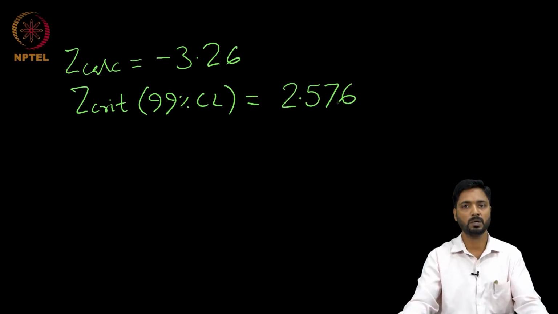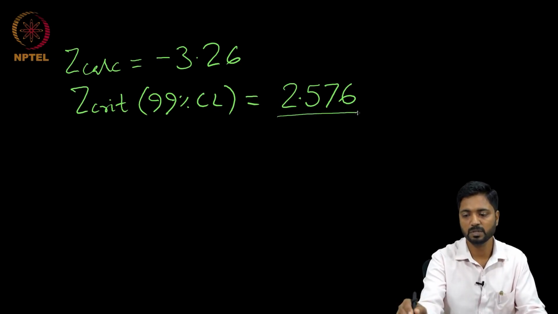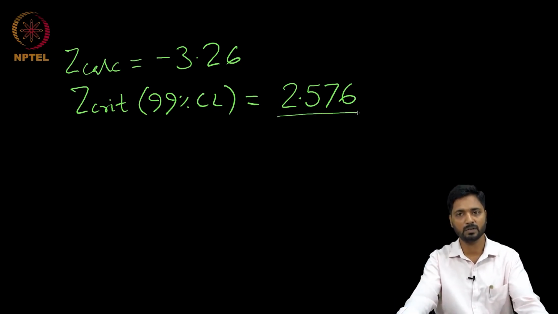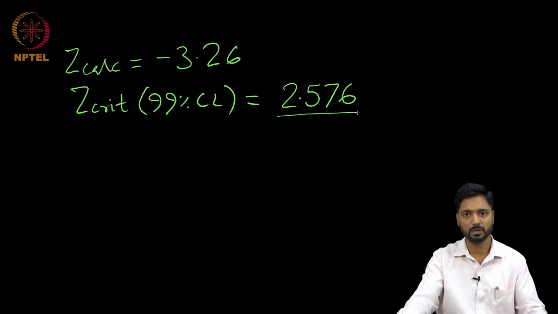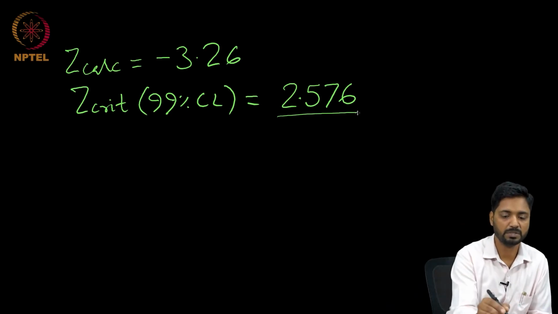2.576. You can look at the table to check that this number being reported for the z critical value is correct or not, because you need to report this number and then make a comparison.